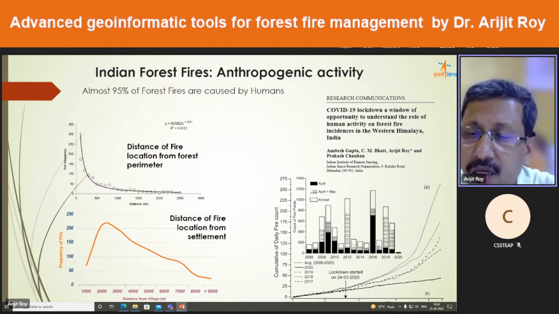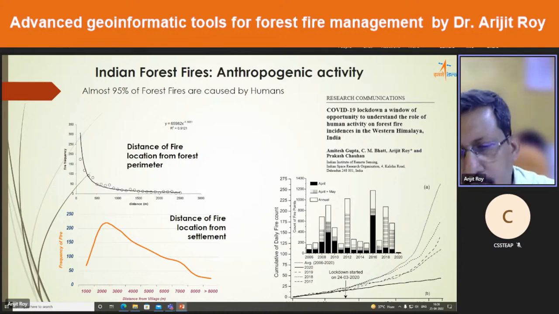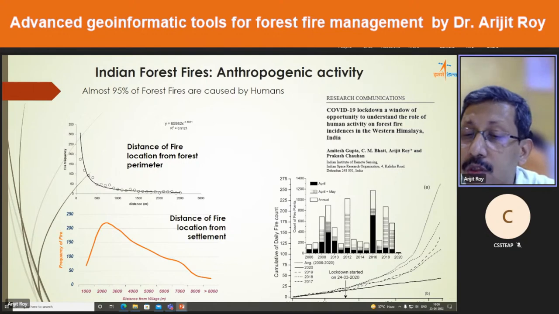This has provided us a beautiful idea about how human activities, mostly the vehicular traffic, the movement of people across the region, and the tourism sector contribute to the forest fire activities in this region.